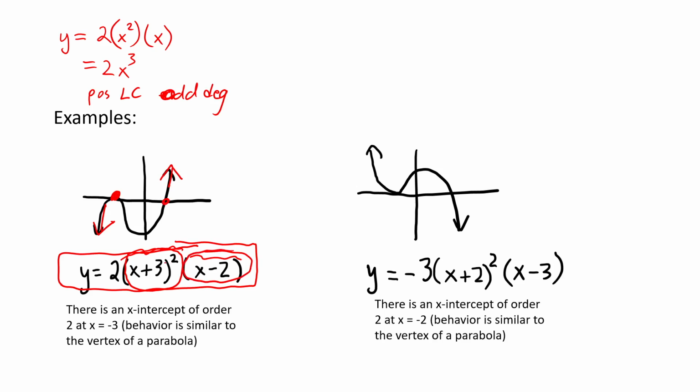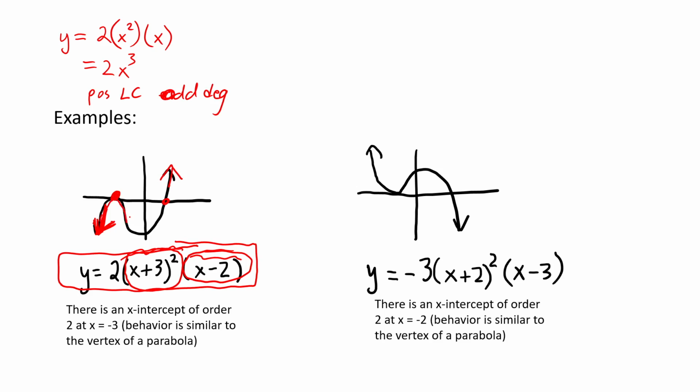Using those end behaviors and those x-intercepts, we'll read from left to right. Starting with the leftmost end behavior, which is down here, we'll approach that x-axis, but since it's an even degree, we know that we will bounce down.